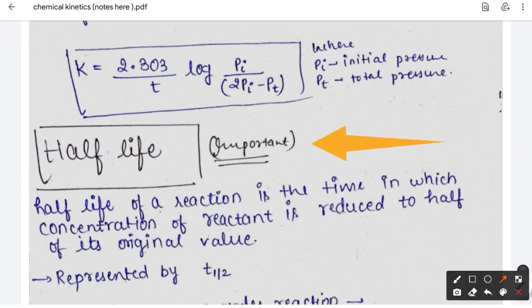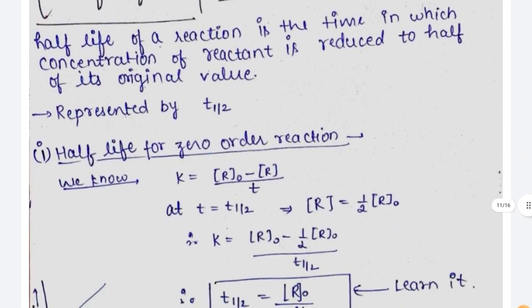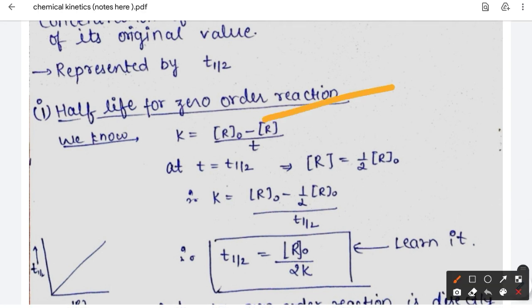Half-life of a reaction. This is also one of the most important topics of this chapter. Half-life of a reaction is the time at which the reactant is reduced to half of its value. Half-life for zero order.